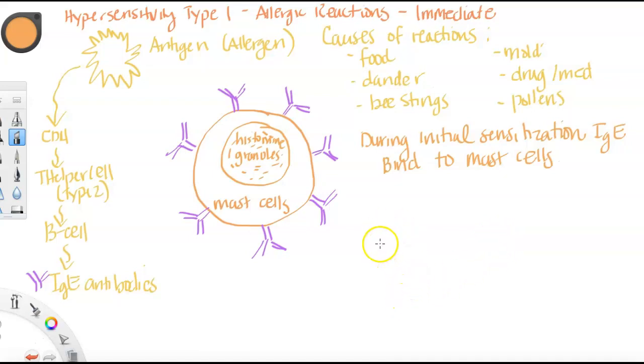So in the next exposure, we'll just take pollen for example. So you smelled pollen in this last spring, and so in this next spring you smell pollen again. So that pollen, then we already have our reaction. So we already have these mast cells that have already been coated with IgE antibodies.